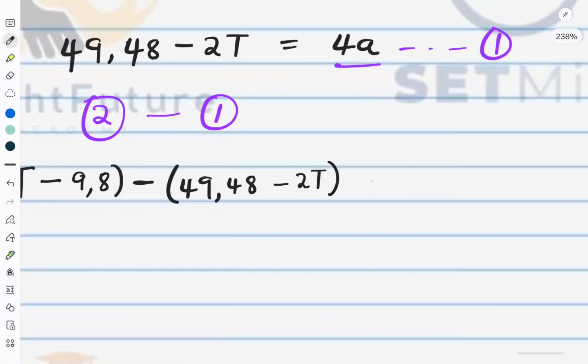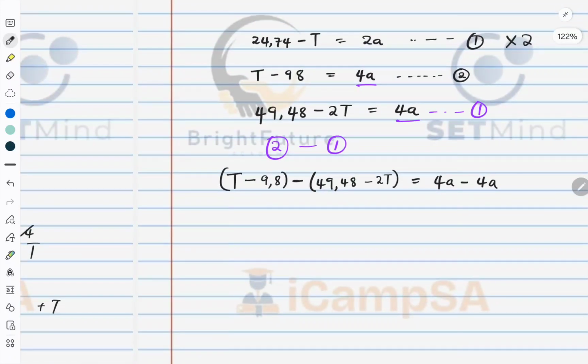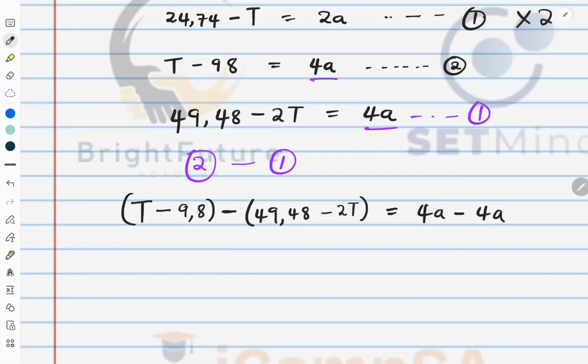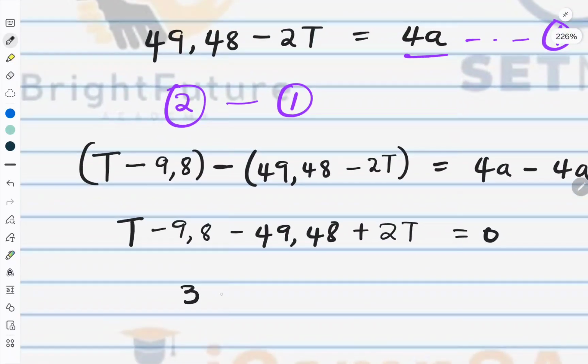And then we'll have 4a minus 4a. So these ones will just go away. Yes, so we have it like this. Then you know that you can take t minus 9.8 minus 49.48 plus 2t is equal to 0. So at this point you can have 3t because this is t plus that.